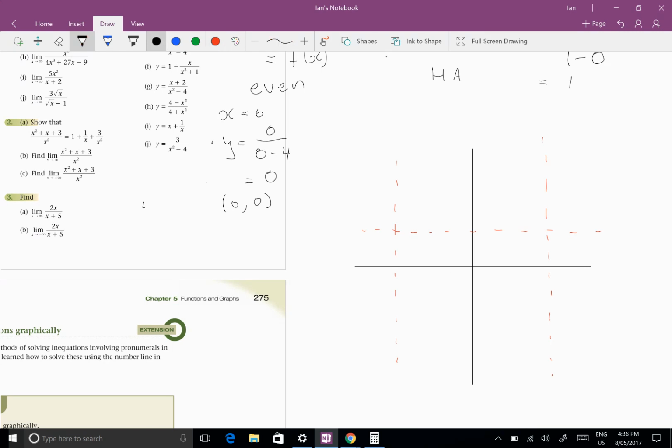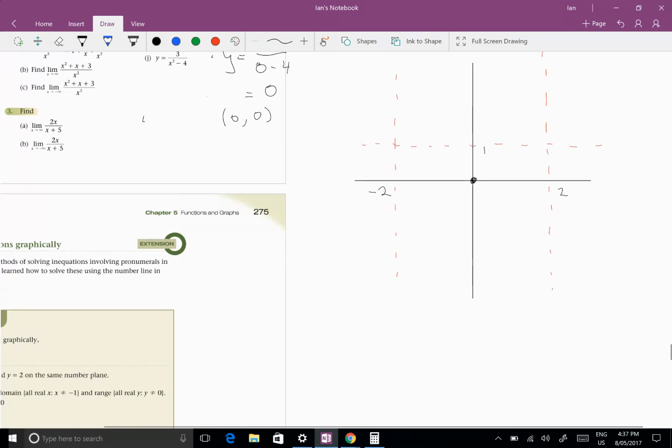We know we have the x and y intercept at 0 and 0. We know that's 2, we know that's minus 2, we know that's 1. And we know that it's an even function. But we need to be a bit better than this. So let's just look at the positive side.